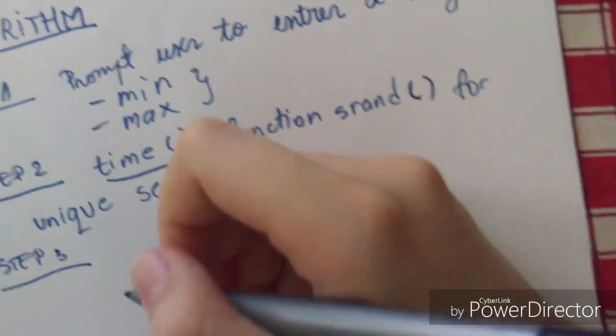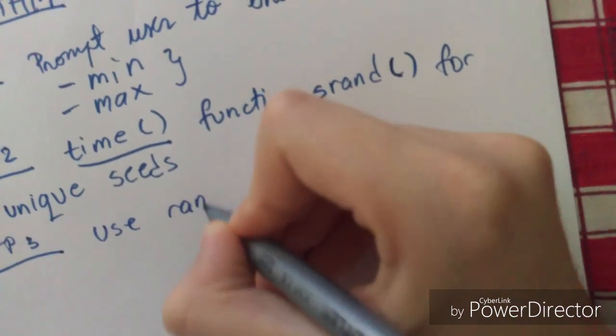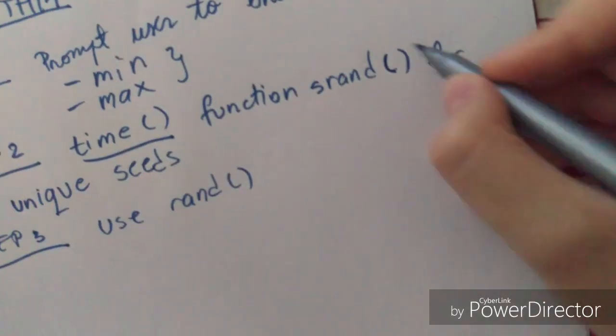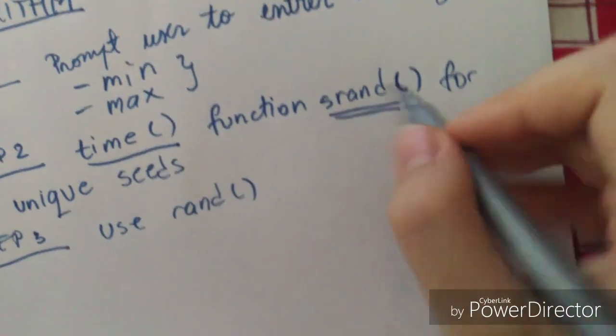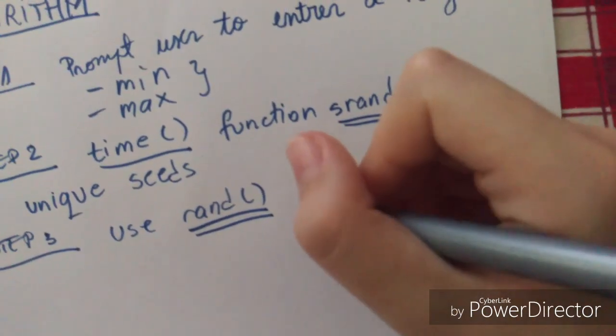For step number 3, we are going to use rand. So we need to use both. We're going to be using these two together up here in step number 2, and then in step number 3 we are going to use rand with the formula.